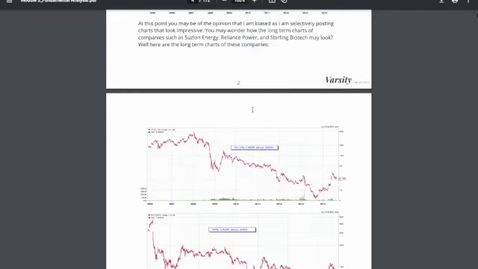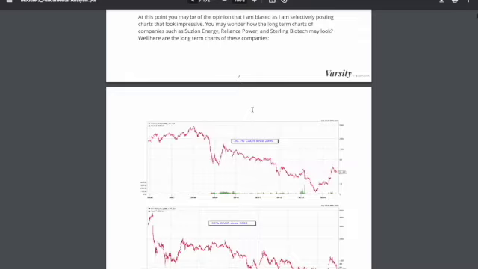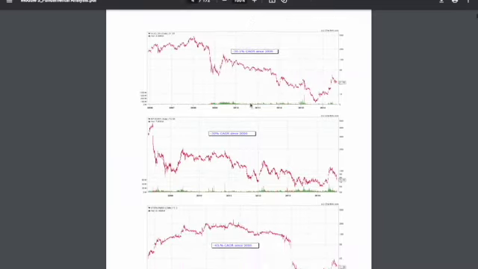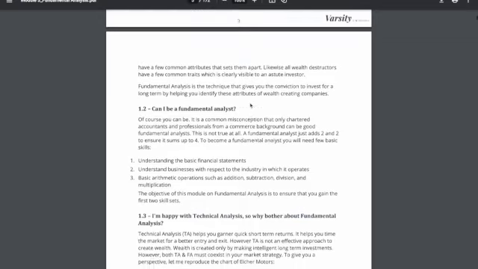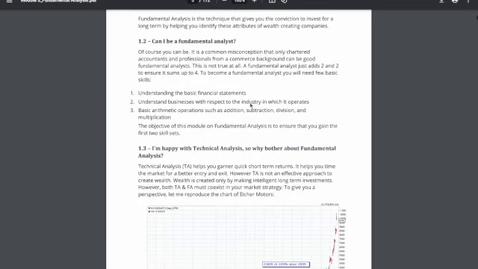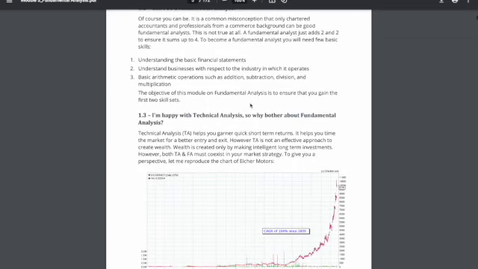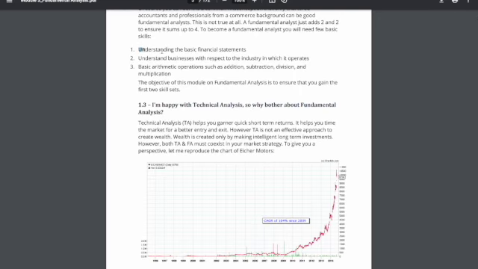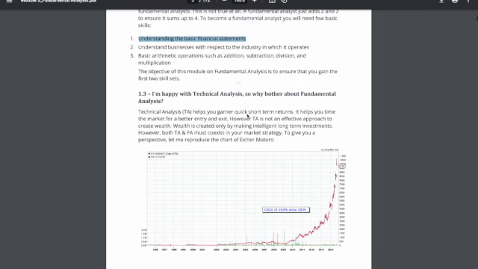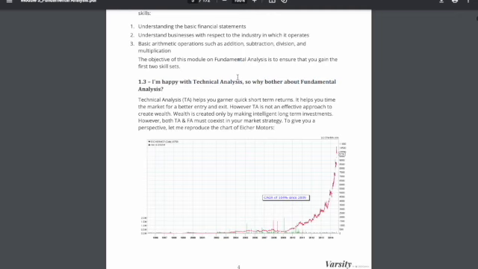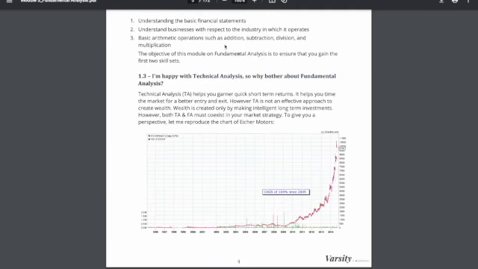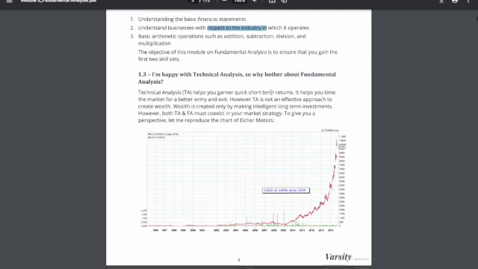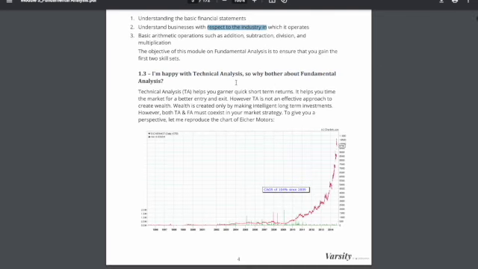So here are some charts that are being shown for some companies. And so can you be a fundamental analyst? Yes. What you're going to understand from this video is how to understand financial statements with respect to the industry the company operates in.